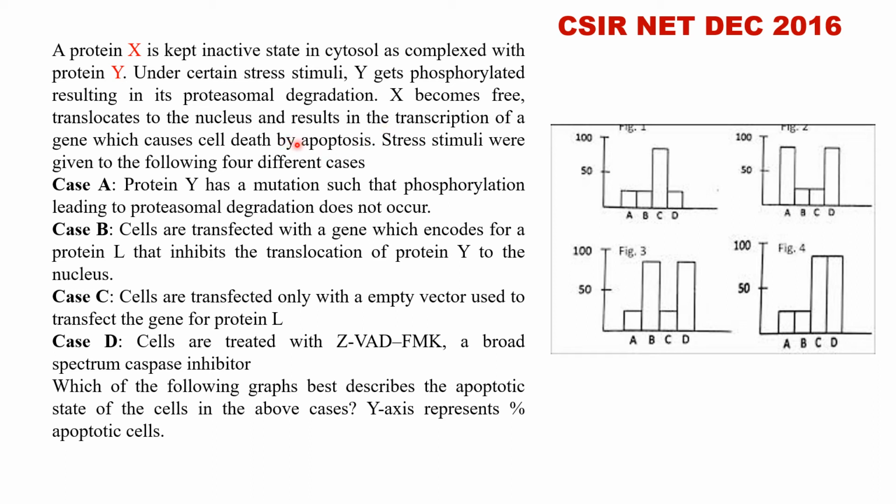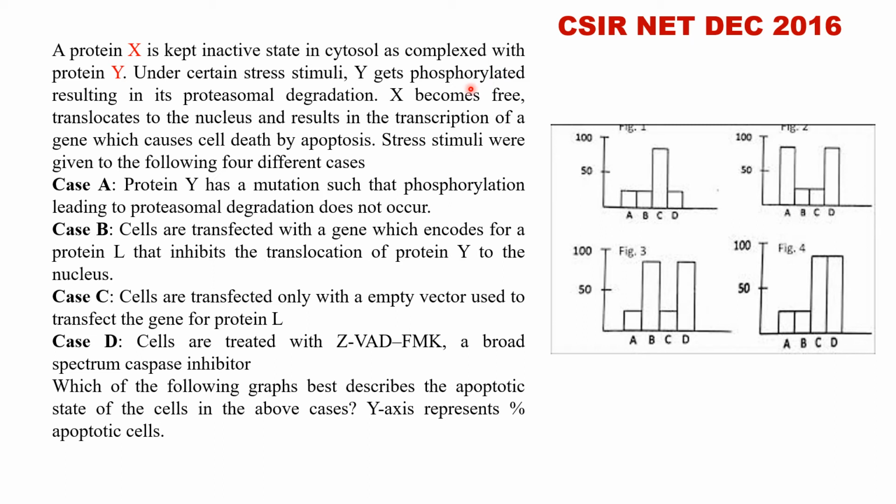If protein Y is present in the cytosol, this protein Y will complex with X. That's why X will become inactive. This protein X is not able to go inside the nucleus. So protein Y is the inhibitor of protein X. If Y gets phosphorylated, then what will happen?